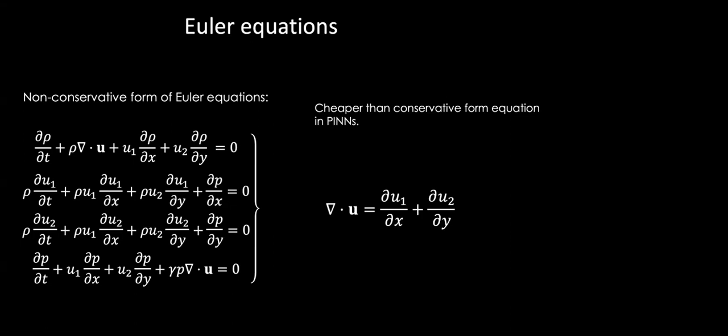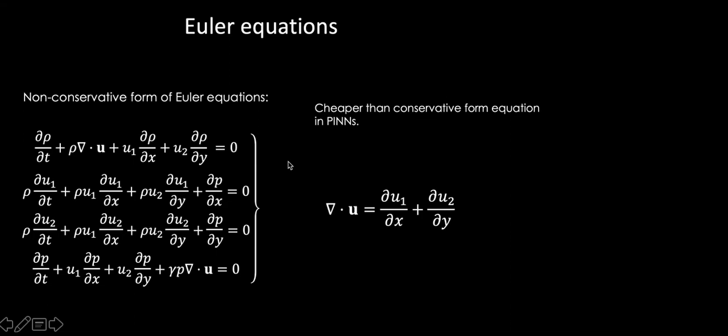But for PINNs it is different. We have tested both the non-conservative form and the conservative form, and the results have little difference. But the non-conservative form is cheaper because it only needs first derivatives. With the conservative form, we need to solve more derivatives.